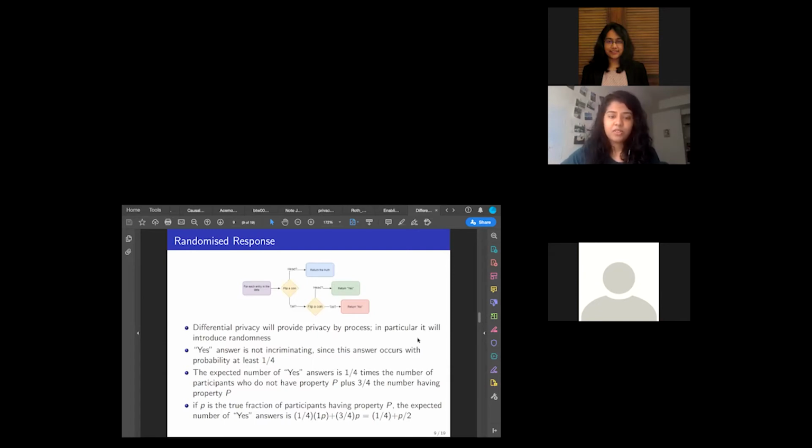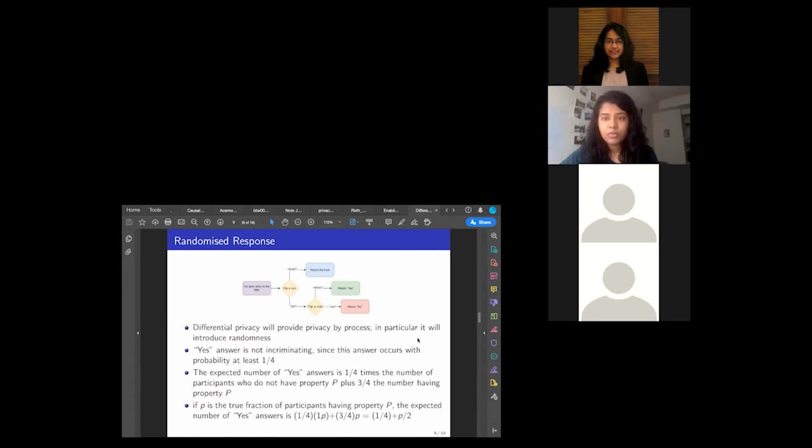So if p happens to be the true fraction of participants having property P, the expected number of yes answers is going to be 1/4 times (1 minus p) plus 3/4 times p, which comes down to 1/4 plus p/2.